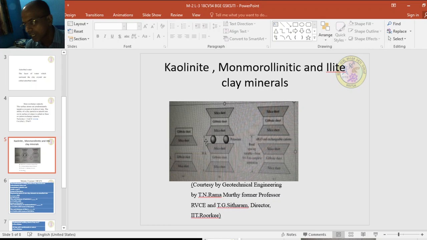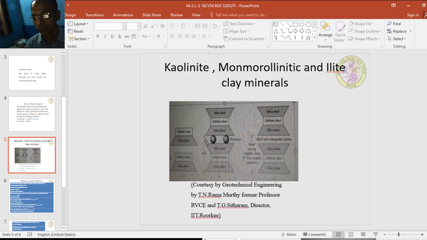Coming to the third category, from an engineering point of view, the clay mineral is illite. Illite clay mineral also contains a gibbsite sheet sandwiched between silica sheets. So each unit will be 9.6 to 10 angstrom thickness. Between the two units there will be a repulsion between the silica, but there is an isomorphic substitution between the two units by potassium.